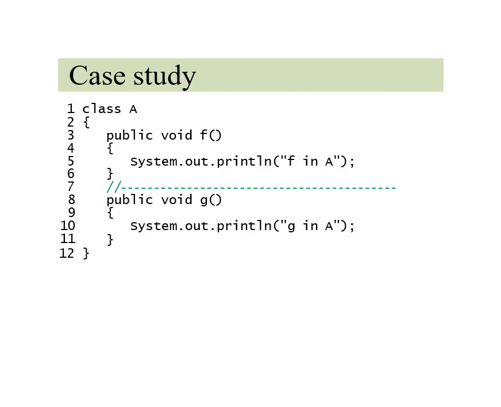All right, here's a little case study. We have class A. It has two instance methods. The F1 just says F in A, and the G1 just says G in A. So when you invoke these things, A here refers to the class that contains them.